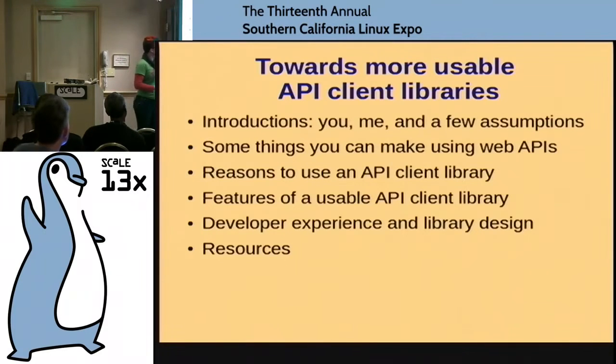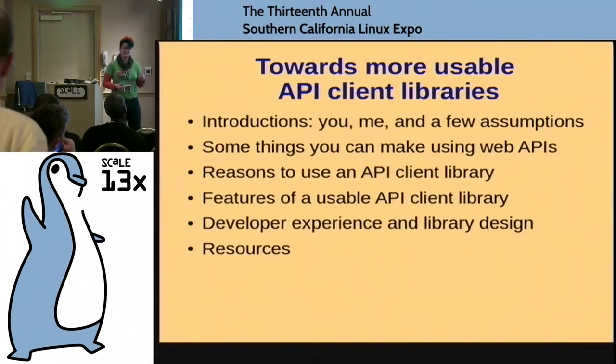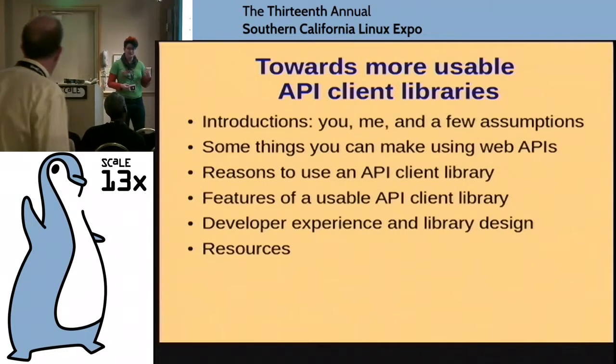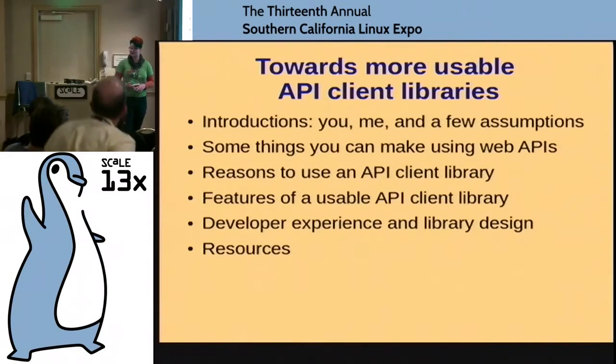So I'm going to start off with some introductions and some assumptions I'm going to be making for this talk. I'll just run through a couple of things that you make using web APIs, some reasons why you might want to use a client library, and then I'll get to the meat of it, which is the features of a usable API client library.